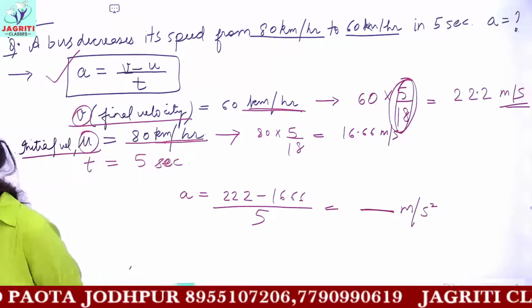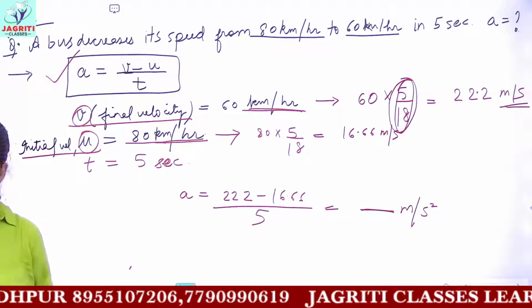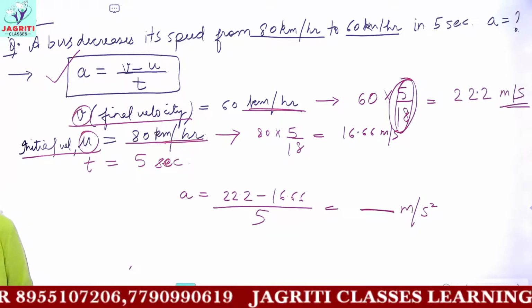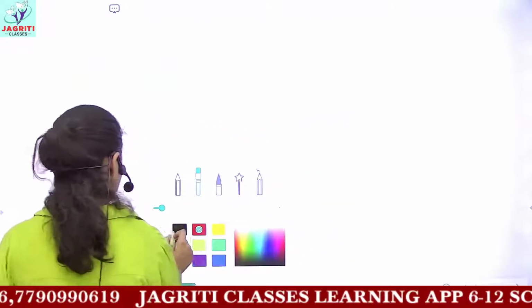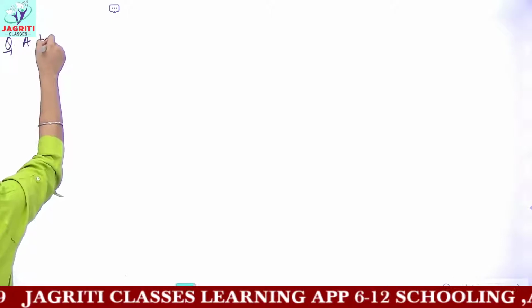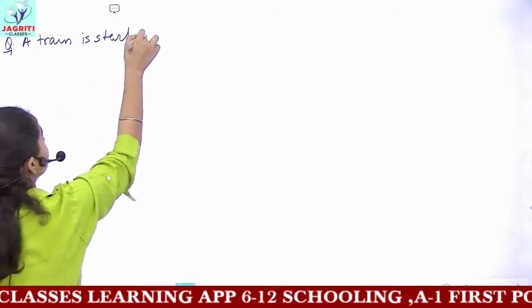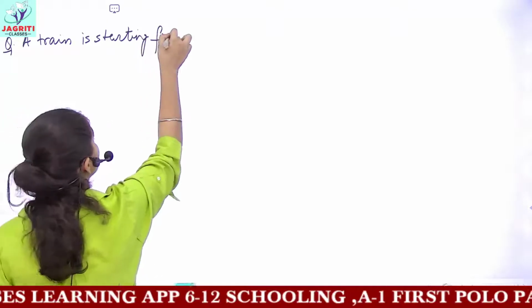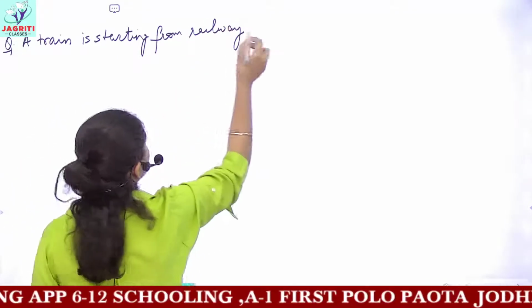Now one more question. It is question number 3 of page 103. Okay, so let's write it down. The question is, a train is starting from a railway station. So the first line is itself important.